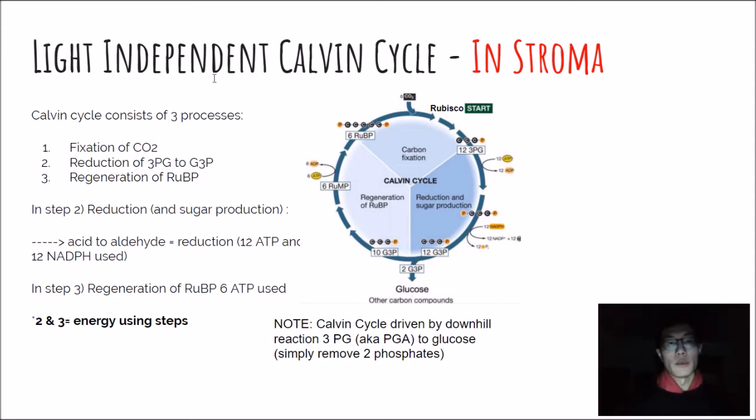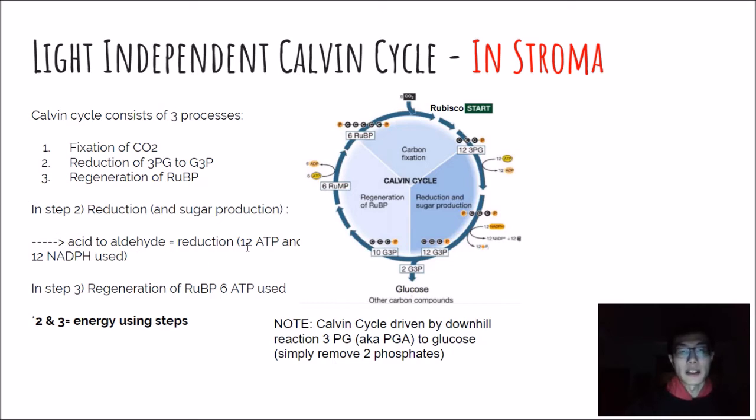We then have to regenerate the RuBP at the very beginning. Rubisco does its thing and makes those 3-PG molecules. Then in step 2, we see a reduction reaction where we turn an acid into an aldehyde.